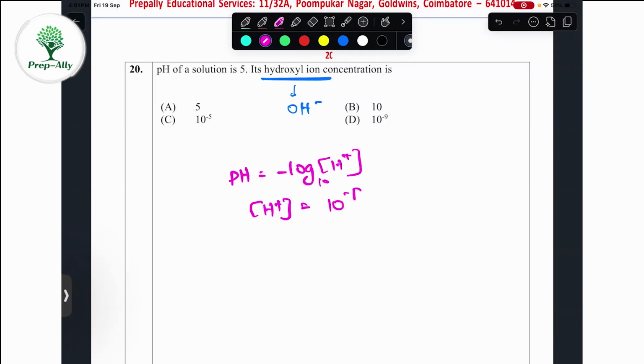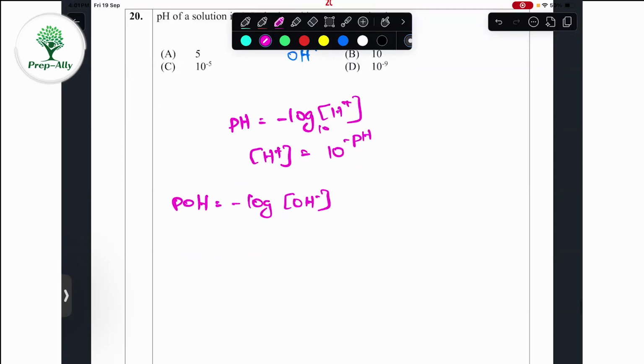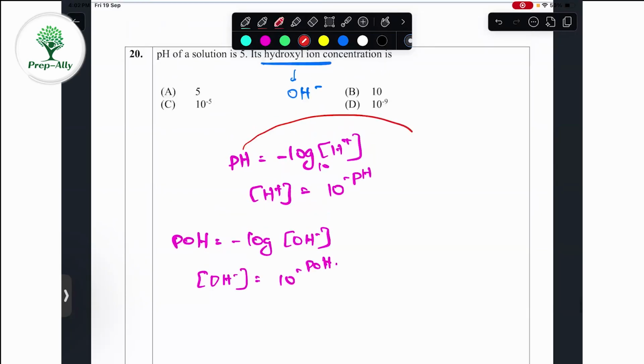I can write in both ways. For pOH, it is the same thing. Again, if I want to find the concentration of OH minus ion, it is 10 power minus pOH. And from pH, first find pOH. From pH plus pOH is equal to 14, right? At 25 degrees Celsius always.